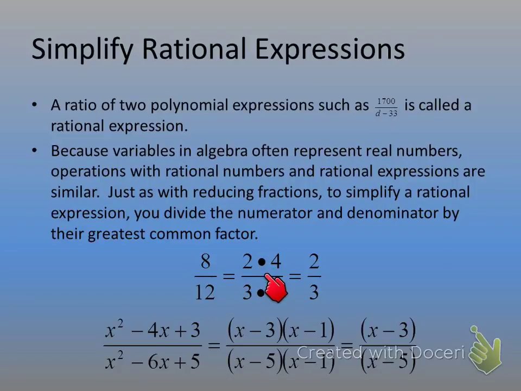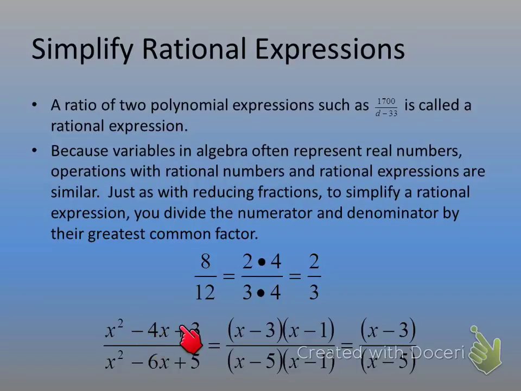They break it up here to 2 times 4 and 3 times 4 because the greatest common factor between 8 and 12 is 4. You don't necessarily show this work, but that's essentially what you are doing. So when you reduce fractions, you divide by the GCF, which is 4. Essentially these cancel, and you're left with 2/3.